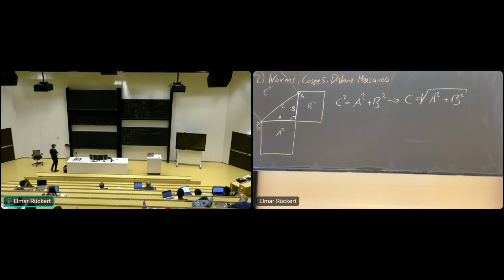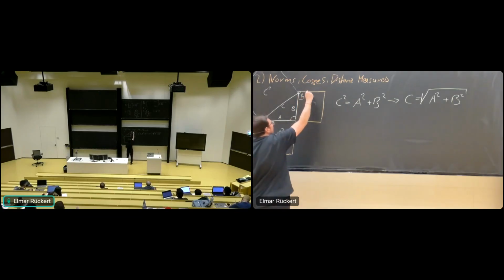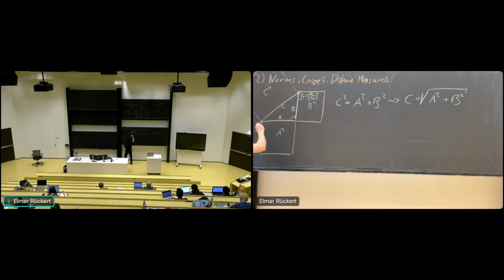I have to define the vectors here. And I was lazy, I forgot my underlines here. So we have P21, P22, P11, P12.